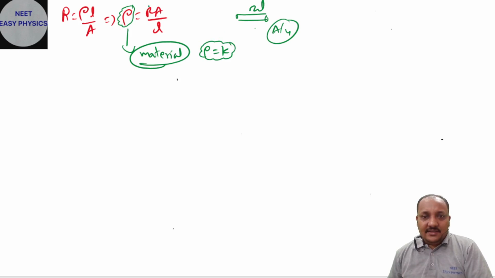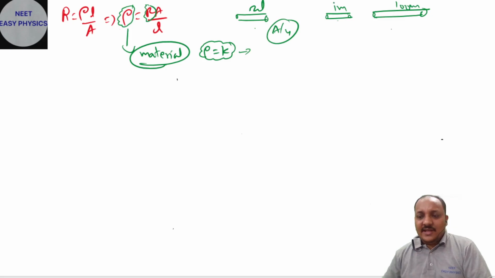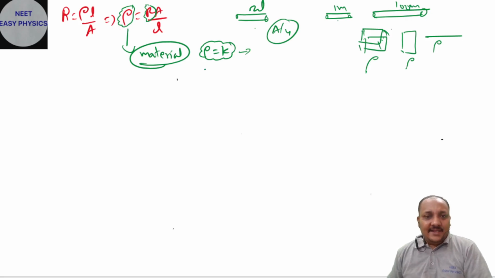Only resistance changes, but resistivity remains constant. If we take a 1 meter iron wire or a 100 meter iron wire, both wires will have the same resistivity, but resistance is different. So it does not depend on dimensions. If it is an iron tube, iron plate, or iron wire, all these have the same resistivity.